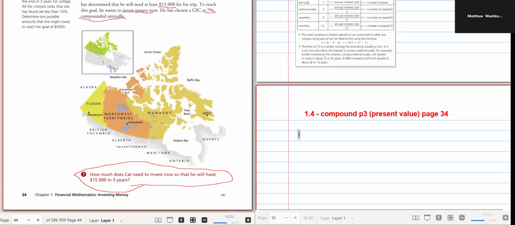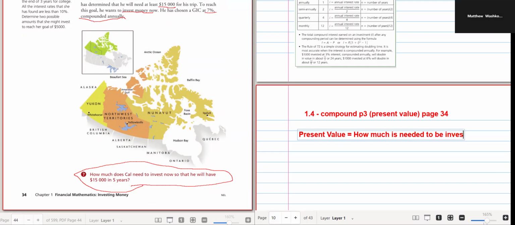in 5 years? So present value is looking at how much is needed to be invested now so that a desired amount is achieved in the future.